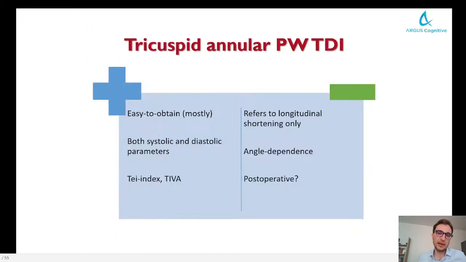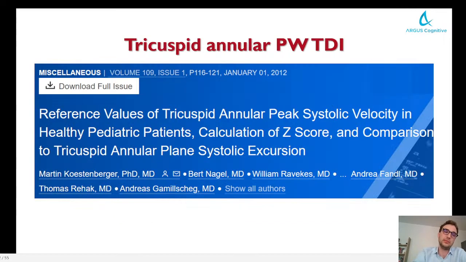However, similarly to TAPSE, it only refers to the longitudinal shortening, and it has a very significant angle dependence, as all Doppler measures do. And again similar to TAPSE, the postoperative values of that measure are consistently decreased and do not represent the actual contractile state of the right ventricle, which is once again a very important limitation of that method.